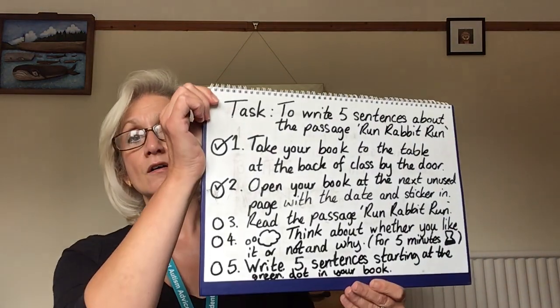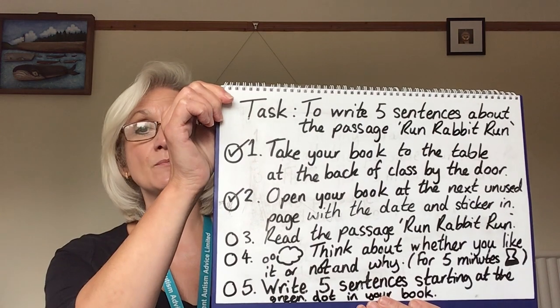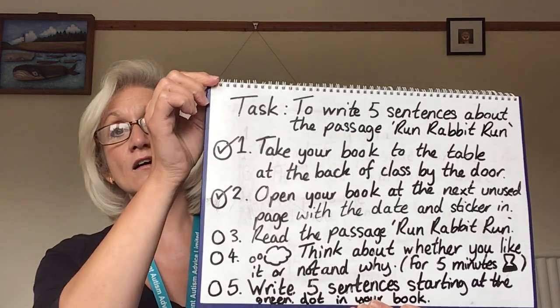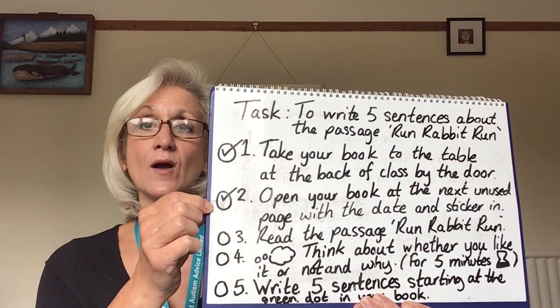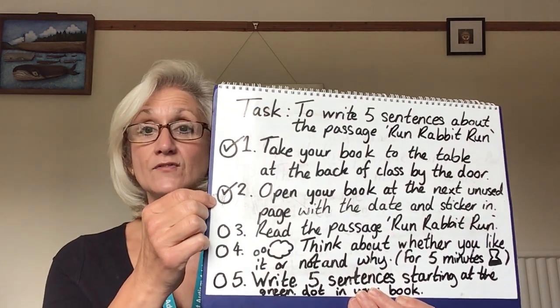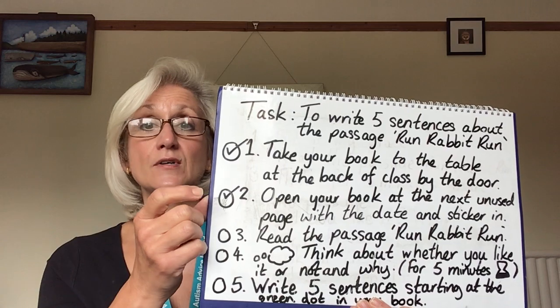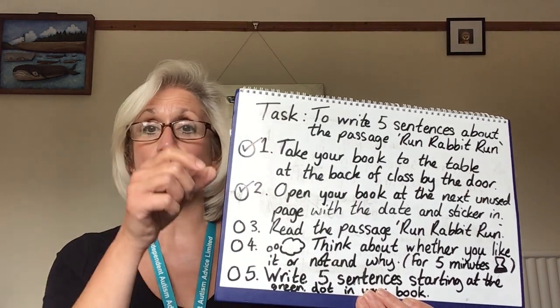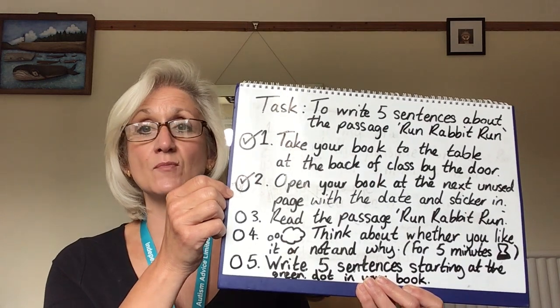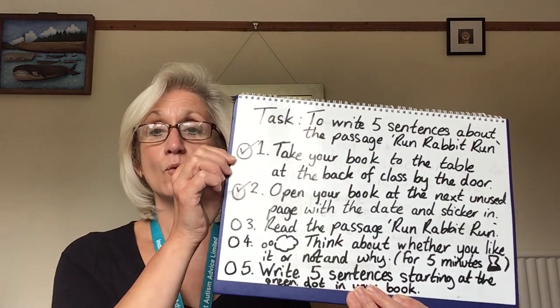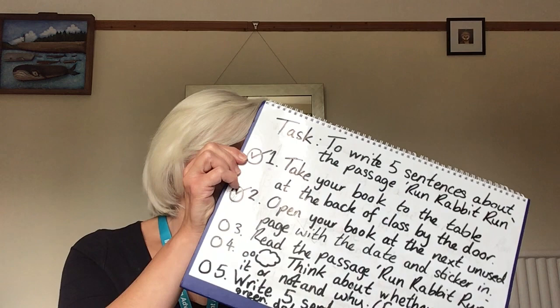And in a classroom environment, thinking about task management boards can be obviously much more simple than this, but this is asking a child to write 5 sentences, and after they've done each step of the way, they tick off what they've done. And it can be done on a pre-typed list if you've got more than one child that's going to be doing this, or it may be shared on a table, or it could be rubbed off when the child has actually achieved that step.